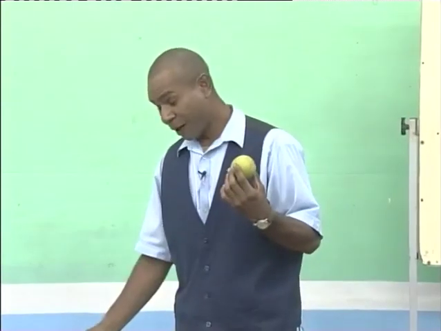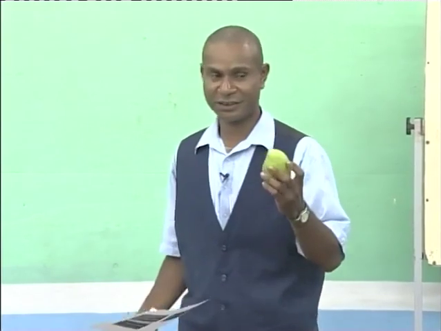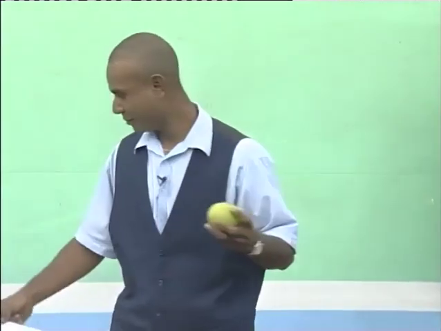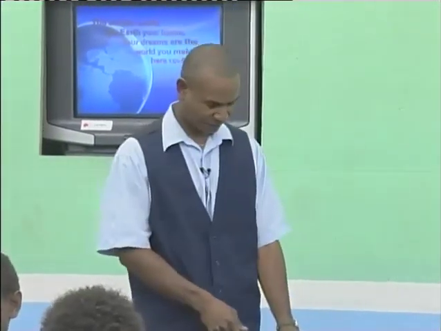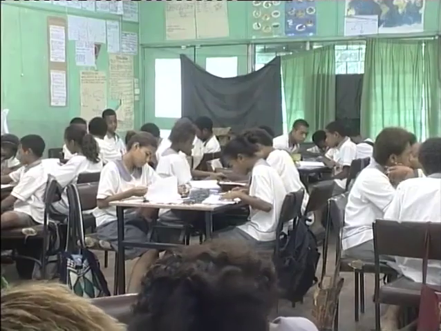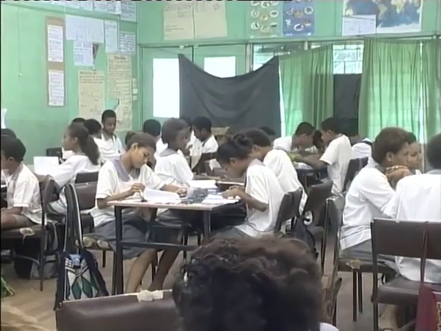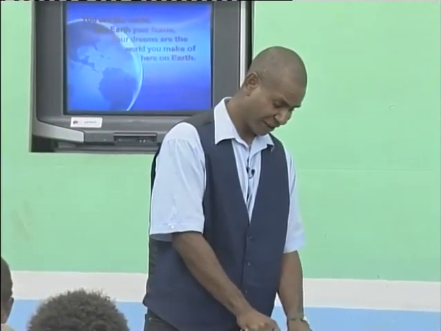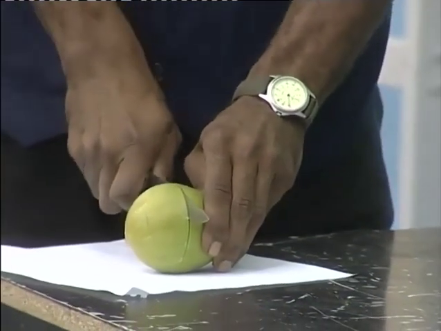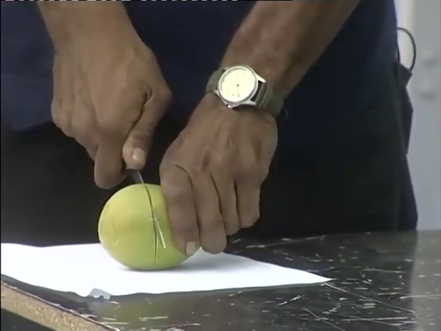I brought you a mango fruit. It's not ready for us to eat, but for our lesson. I'll cut the mango in half, and let's see through the mango. What do we see in the mango?